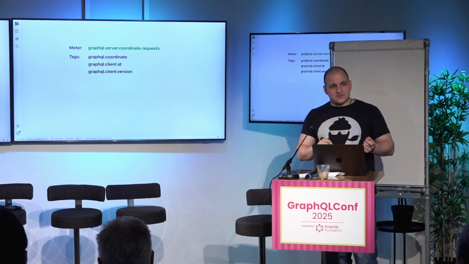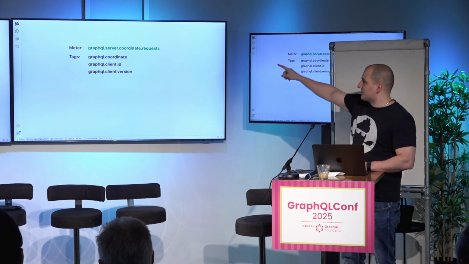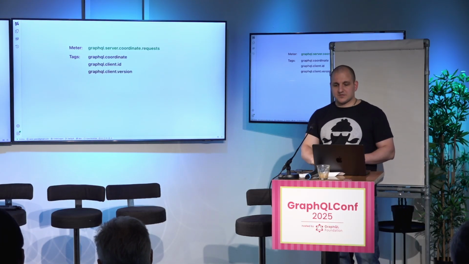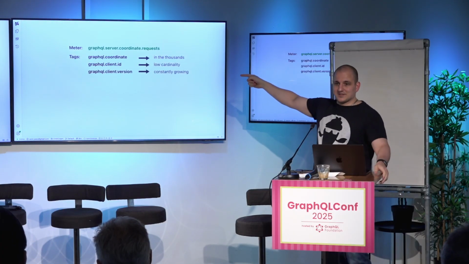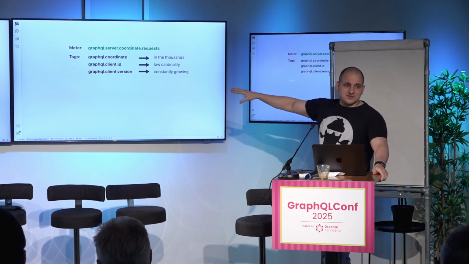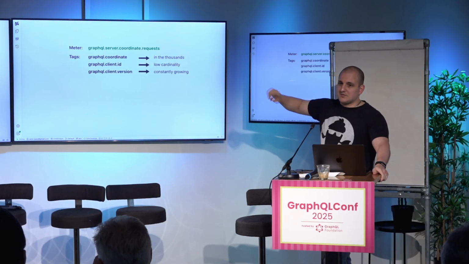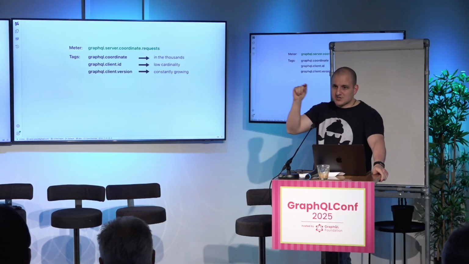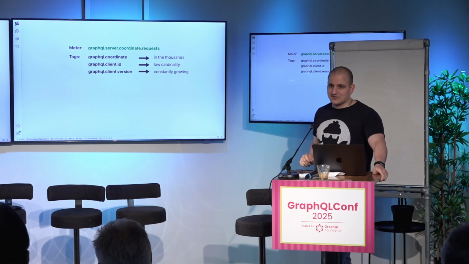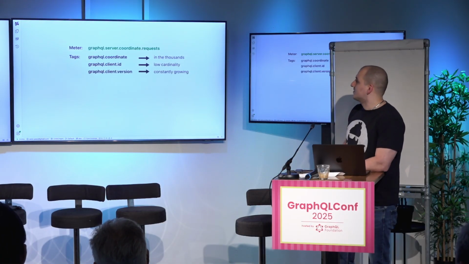And there is an instance of this meter for all permutations of the attributes. That means that when you have coordinate in there, the field coordinate, then this is in the thousands if you have a small schema. If you have a big schema, in the tens, hundreds, or even millions. Because each member in your type system is going to have a coordinate.